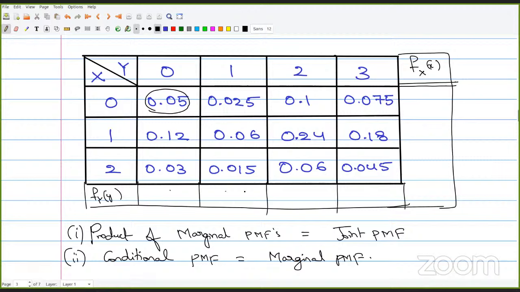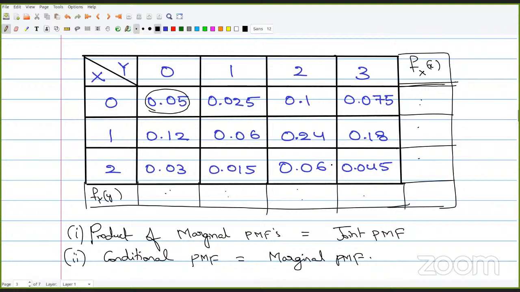You take this product with this, you should get this. Similarly, take this, you should get this. If you take the product of the marginals, you should get the joint, for every entry.